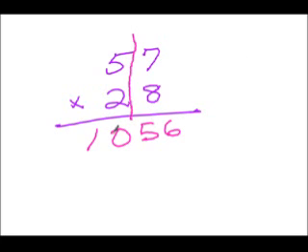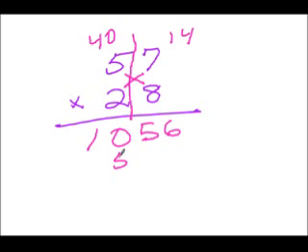So take a look what I've done. 7 times 8, I wrote my 56. 5 times 2, I wrote my 10. Then I'm going to do my cross multiplying. So I have 2 times 7 and 5 times 8. 2 times 7, 14. 5 times 8, 40. 54 is when I add those together.